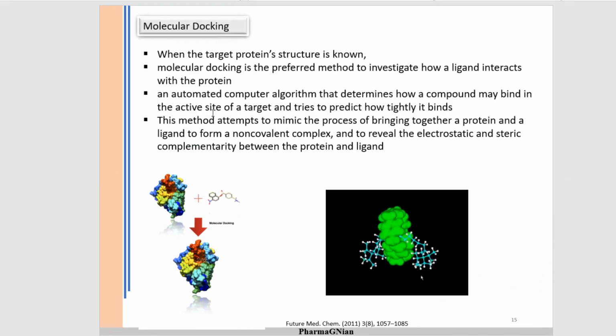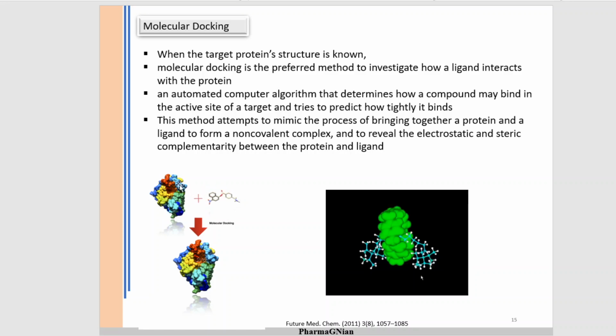The first technique is molecular docking. See, what is molecular docking? Suppose we know the target protein and we know the ligand.